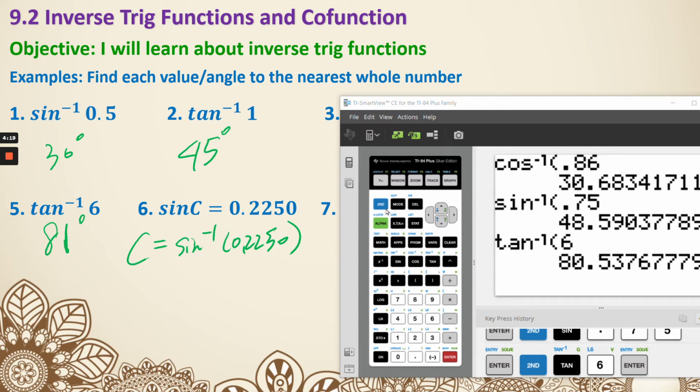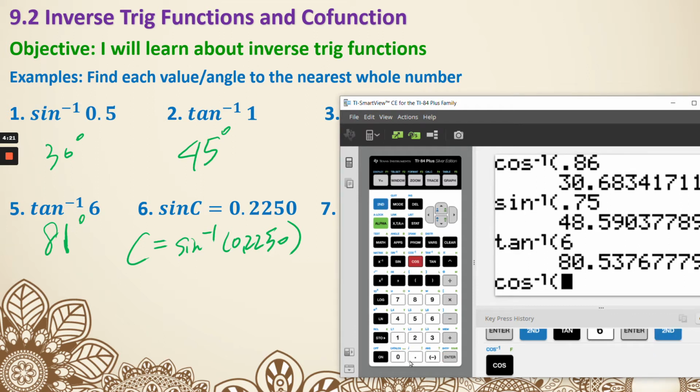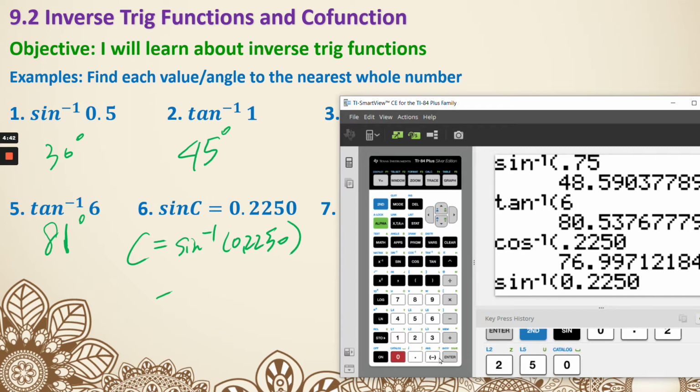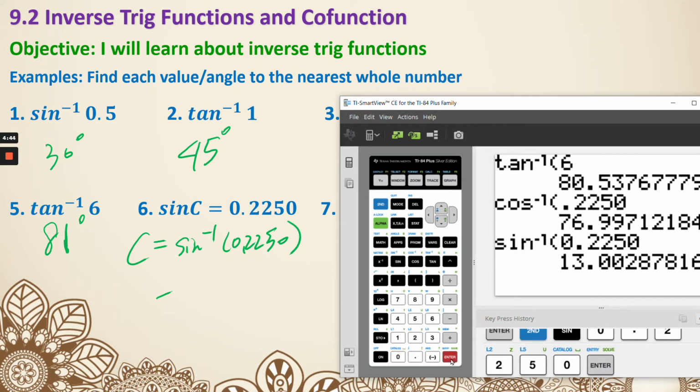I can use our calculator, second cosine 0.2250, which is going to give us C equals, why did I use cosine? It should actually be sine. So the question is the inverse of sine, so let's use sine 0.2250. That is going to be 13 degrees.